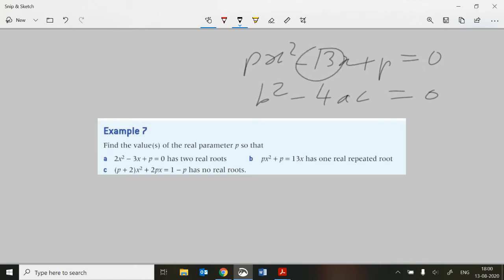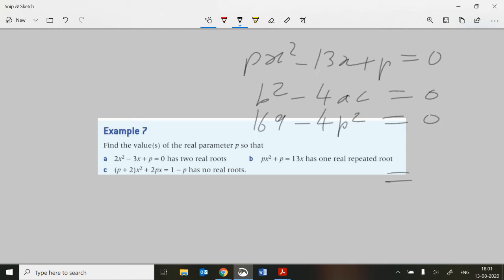b is minus 13, so when we square it, we get 169. 4 lots of p, and c is p as well, so p squared. Now we can solve this one.